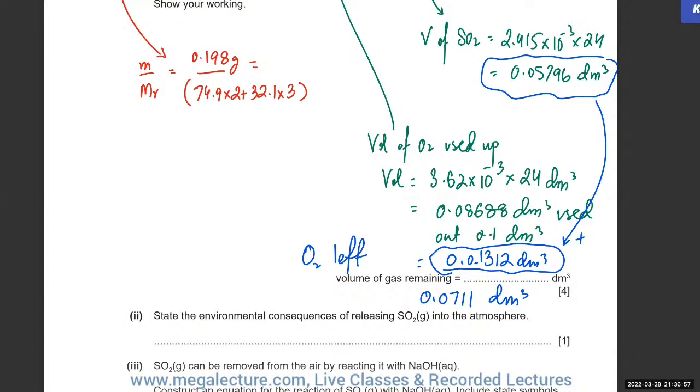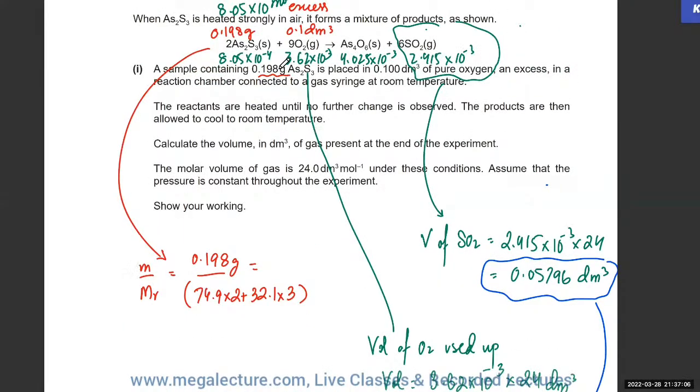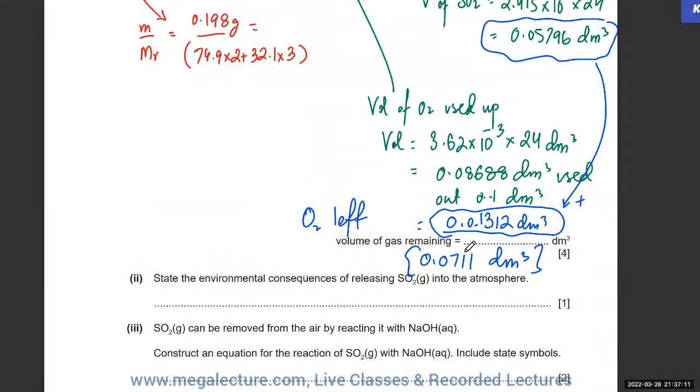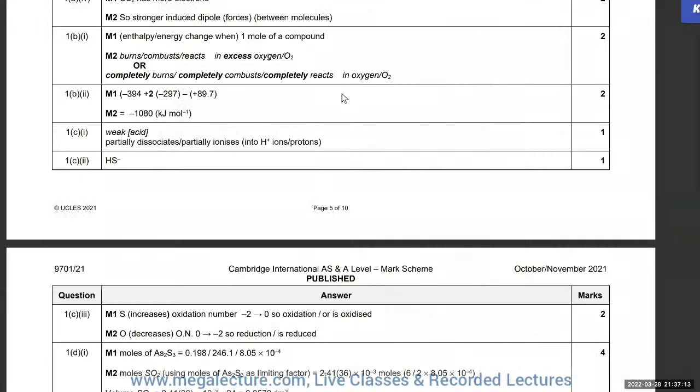Now, this question had a lot of addition and a lot of subtraction, so there's a very high chance of making silly mistakes with this one. Everything I think is 3 significant figures, so my final answer is actually 3 significant figures, and I'm going to check this.